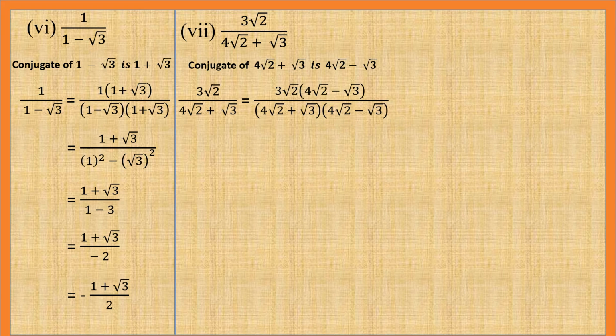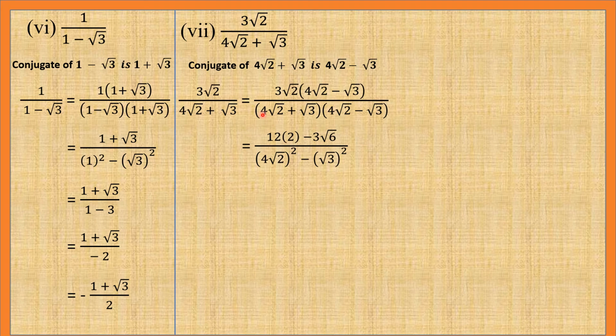Now let's expand. We have 12 multiplied by 2 minus 3 root of 6, because 3 will be multiplied by 4 here. And we know that root of 2 by root of 2 gives us root of 2 squared, and the square goes with the square root, leaving 2. That is why we have 2 here. So it will be 12 by 2 minus 3 by 1 gives us 3, 2 by 3 gives us 6, that gives us 3 root of 6.